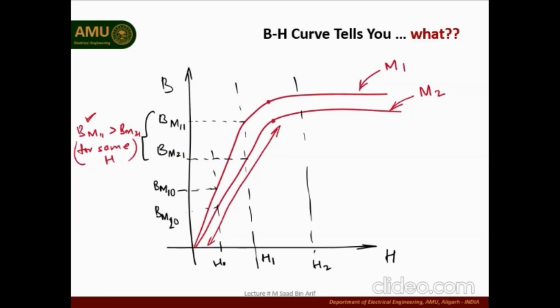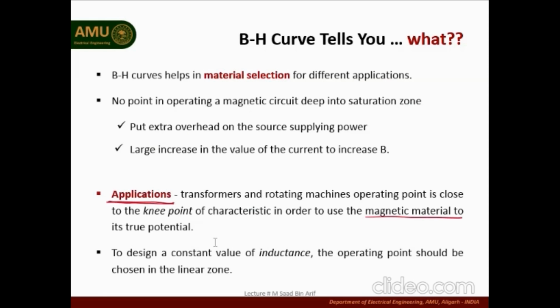So, usually in case of transformer and rotating machine, the operating point is the knee, so that we can have a large amount of flux density. This flux established in the core at this operating point will link to the secondary of the transformer or the armature winding of the machine.